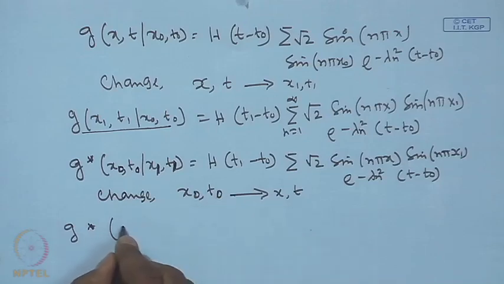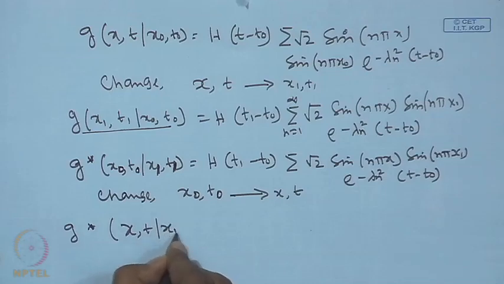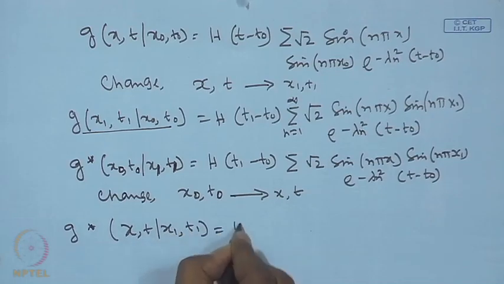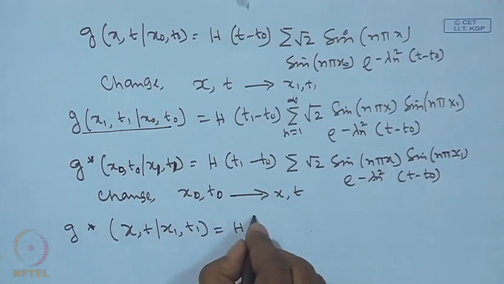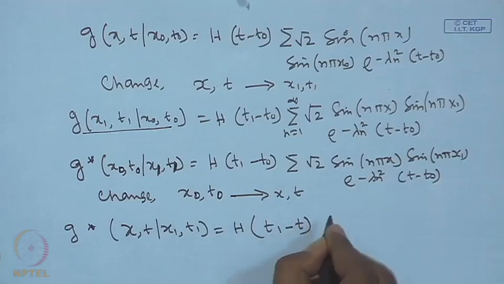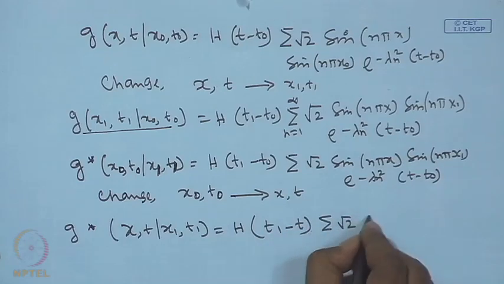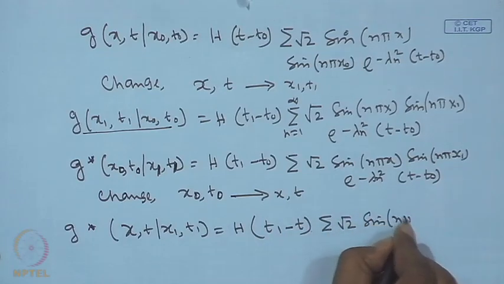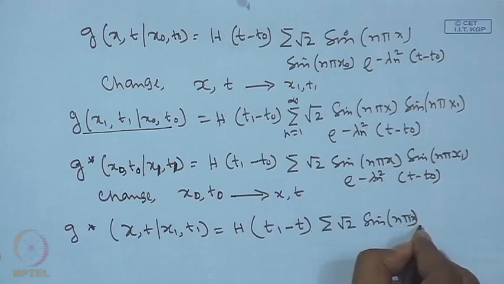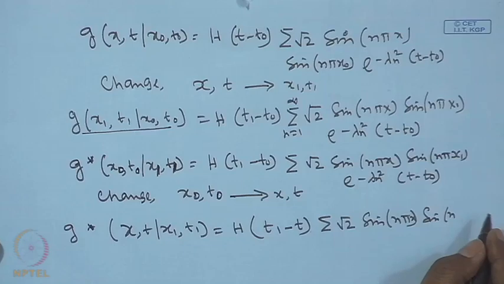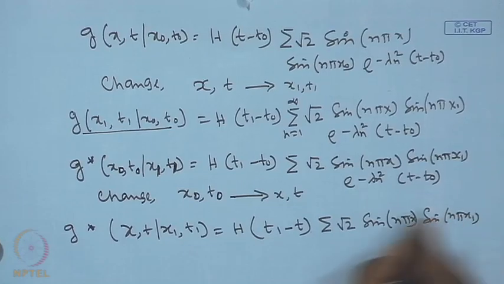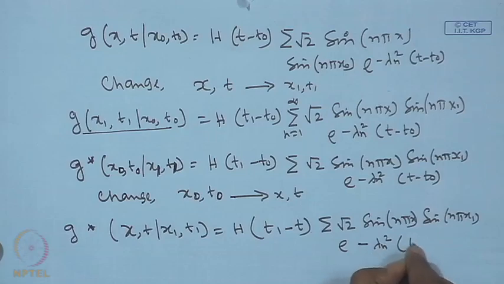So, we get G star (x t, x 1 t 1) equal to H(t 1 minus t) summation root 2 sin n pi x sin n pi x 1 e to the power minus lambda n square (t 1 minus t).